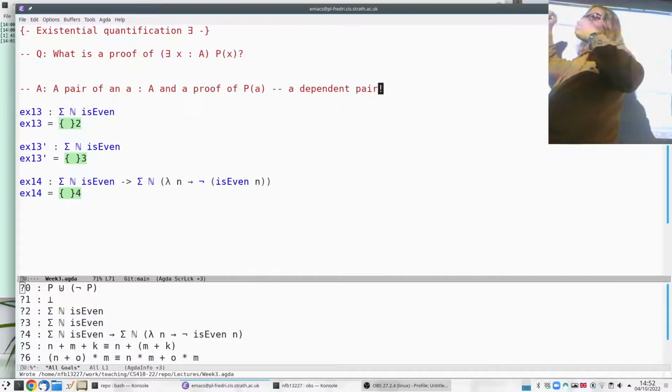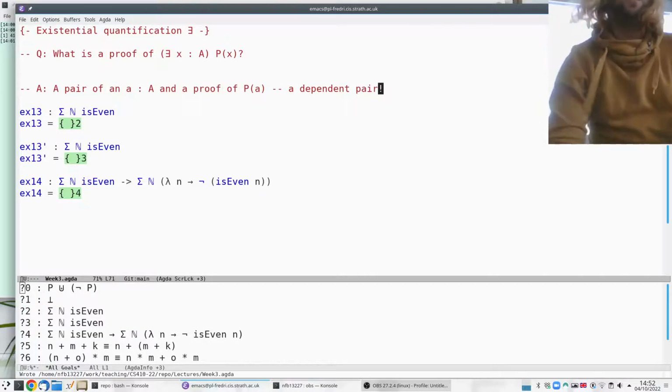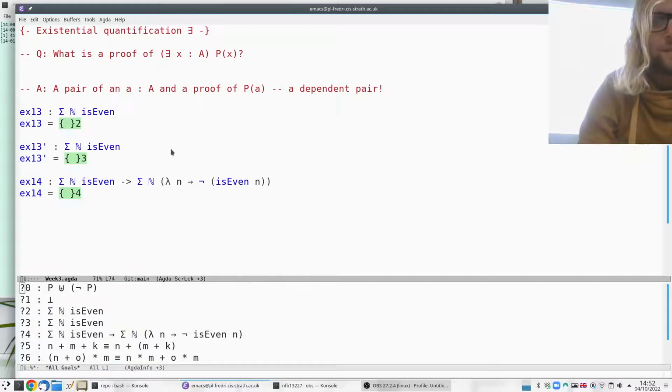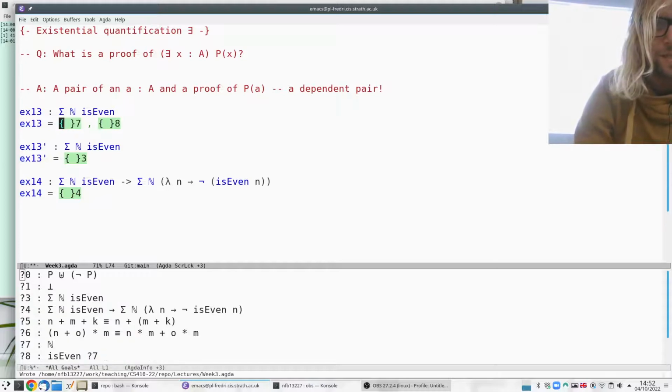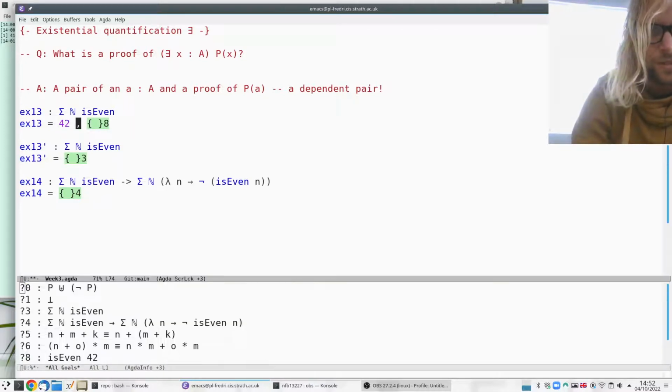Two things, where the type of the second thing can depend on the first thing. So let's prove that there exists a natural number which is even. Okay, so just think of your favorite even natural number, which is 42. So what do I have to do in order to do this? Well, I have to give two things, right? A natural number, 42.